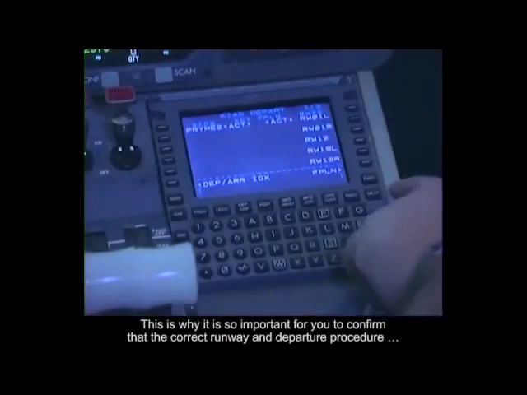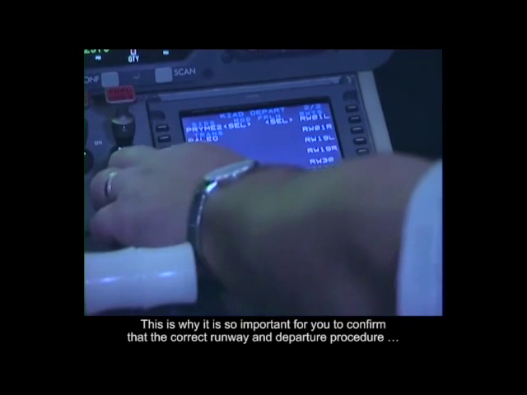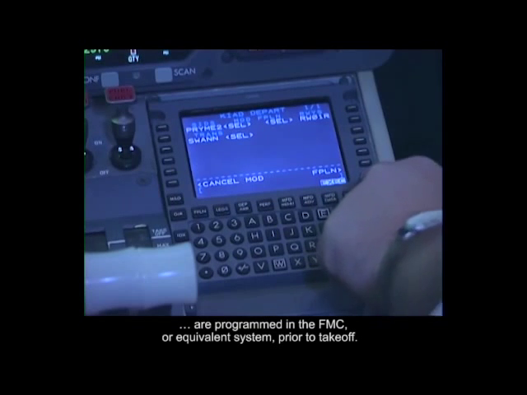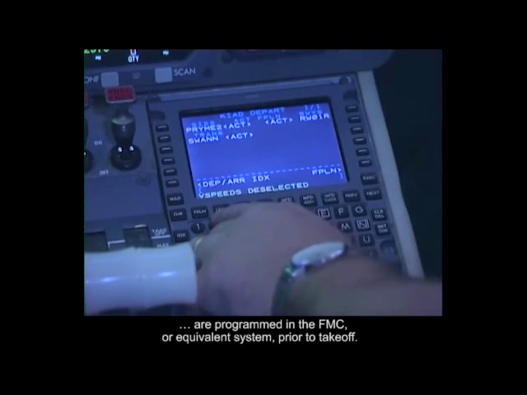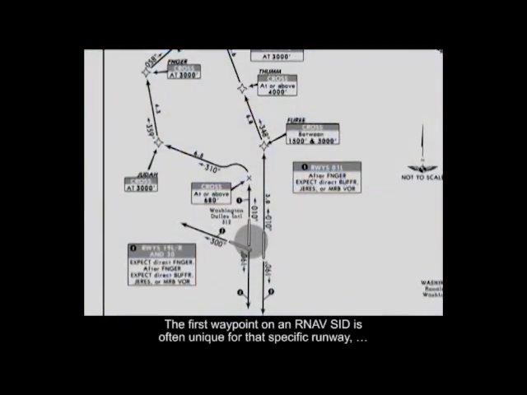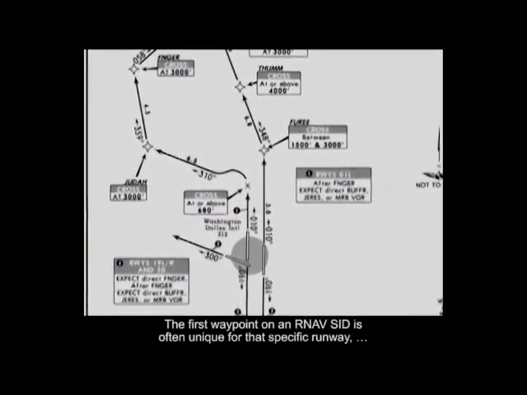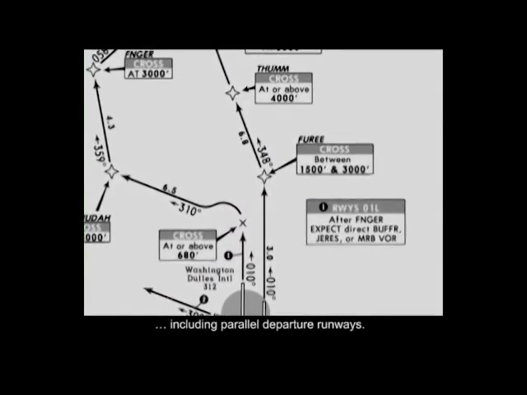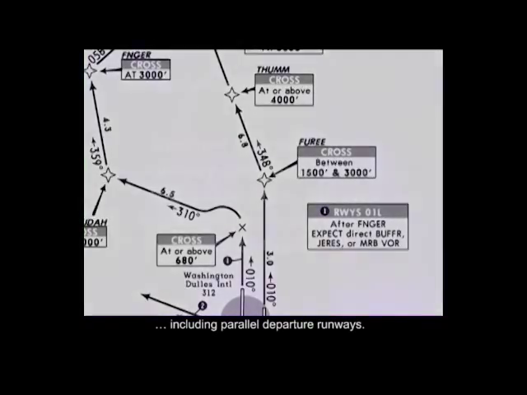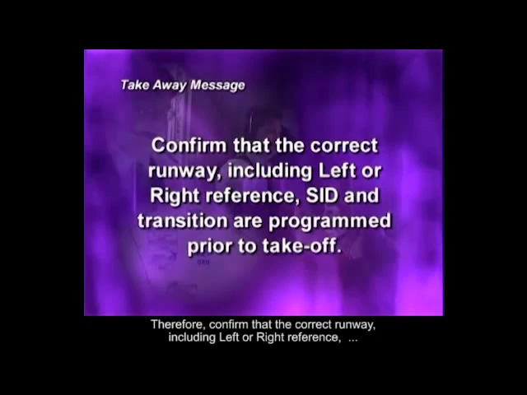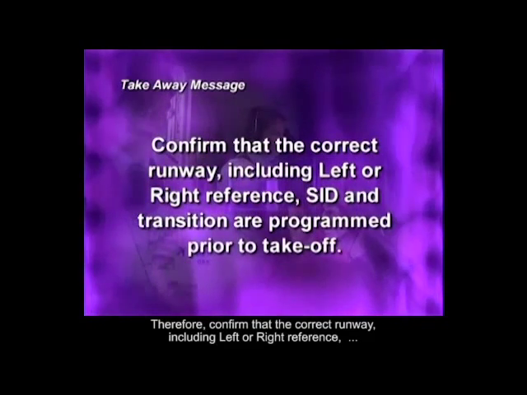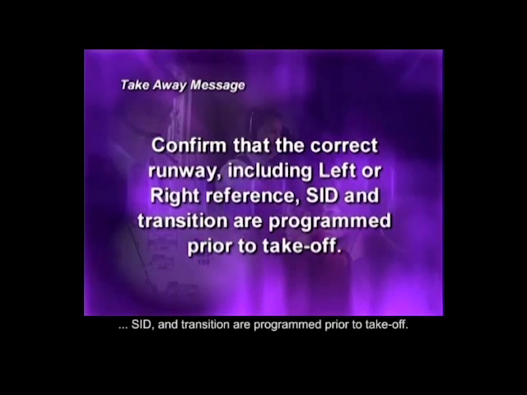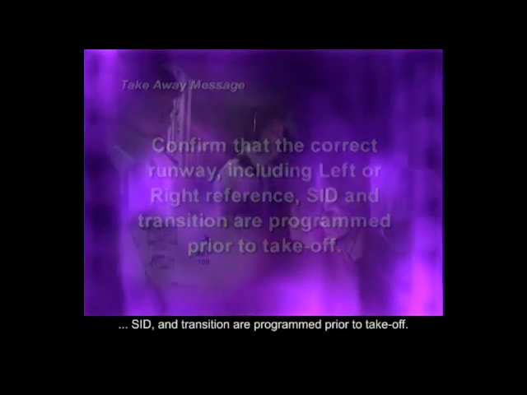This is why it is so important for you to confirm that the correct runway and departure procedure are programmed in the FMC, or equivalent system, prior to takeoff. The first waypoint on an RNAV SID is often unique for that specific runway, including parallel departure runways. Therefore, confirm that the correct runway, including left or right reference, SID, and transition are programmed prior to takeoff.